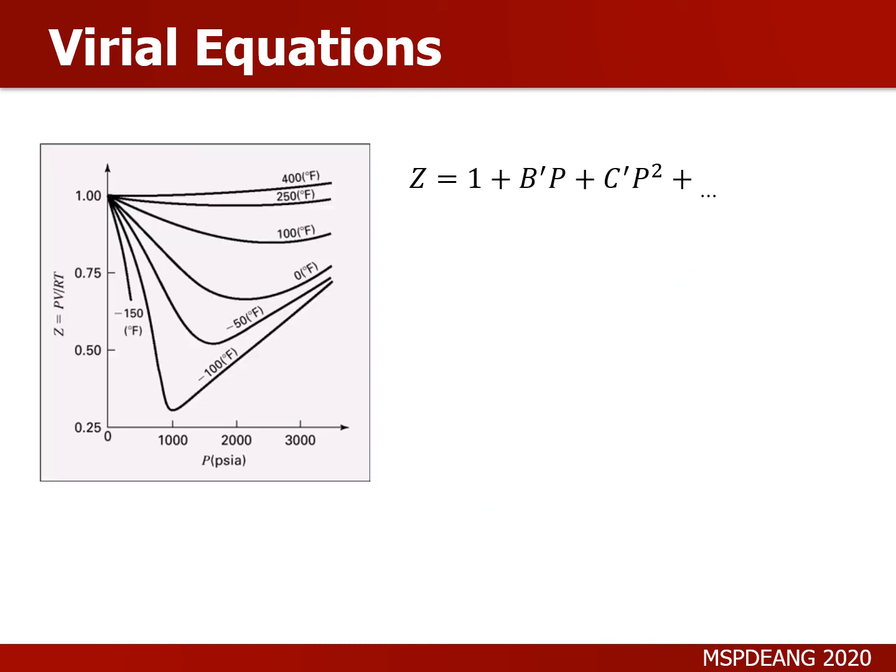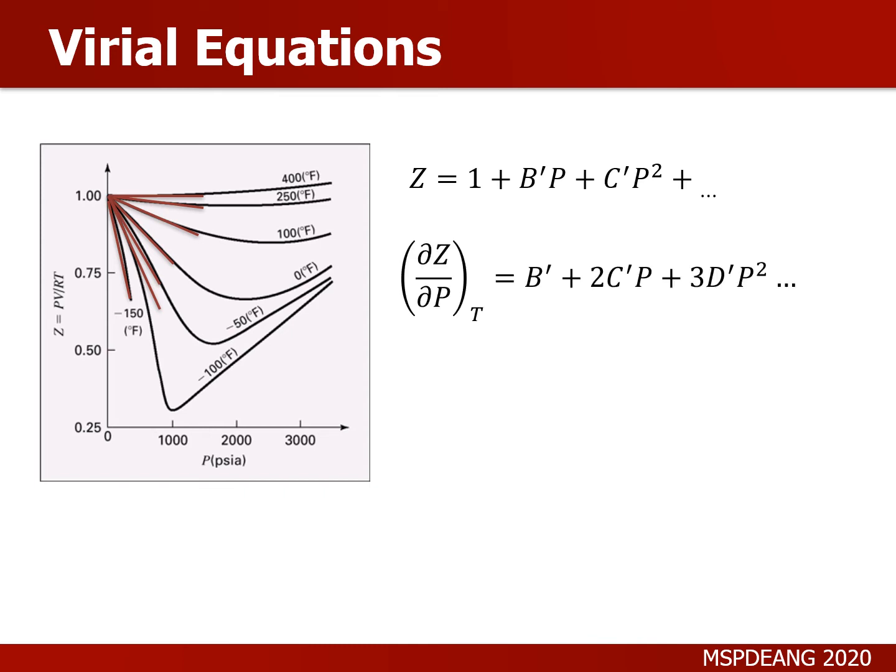Okay, so now some note on the virial EOS. So if you now have this plot of Z as a function of P, okay, mapapansin tayo at low pressures. So at low pressures, if you take the slope of the line, okay, for different temperatures, mapapansin natin na medyo linear at the start yung relationship between Z and P. Okay?